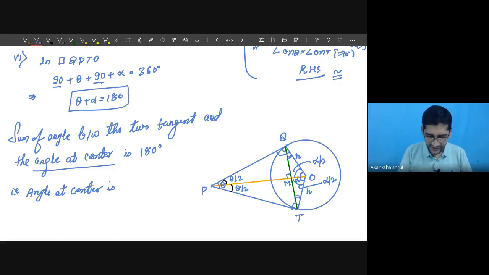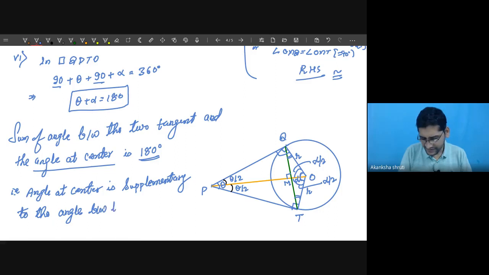So students are getting confused. When the sum of two angles is 180 degrees, it is called supplementary. The angle at center is supplementary to the angle between tangents. It is one thing that we need to keep in mind.